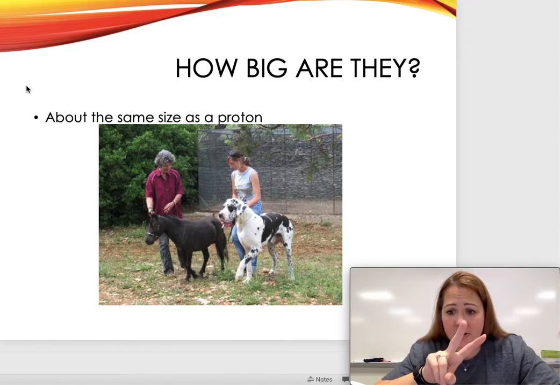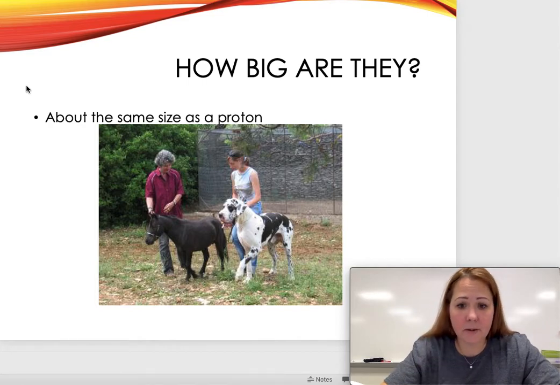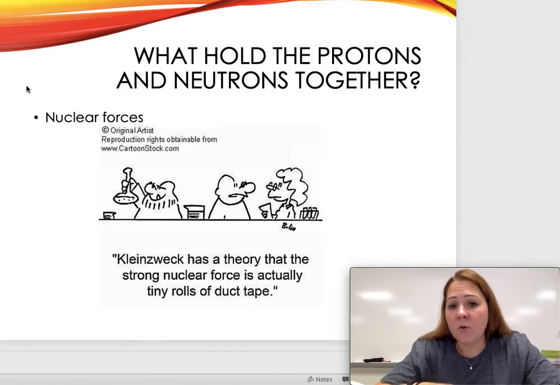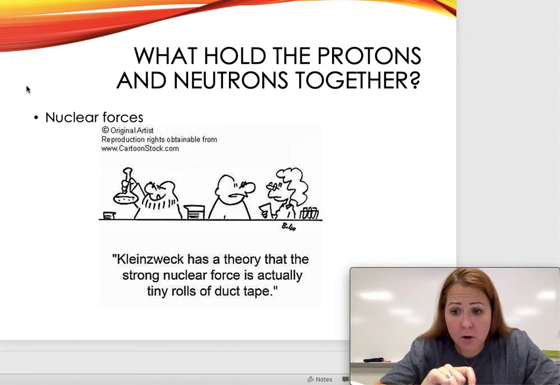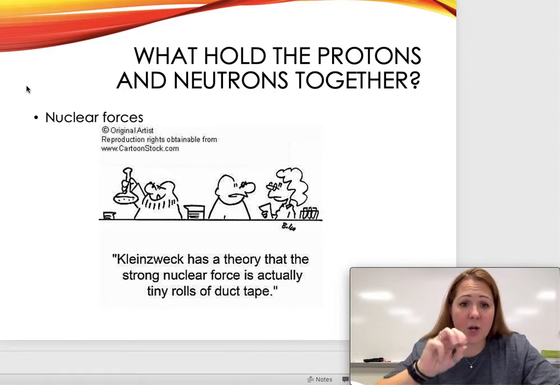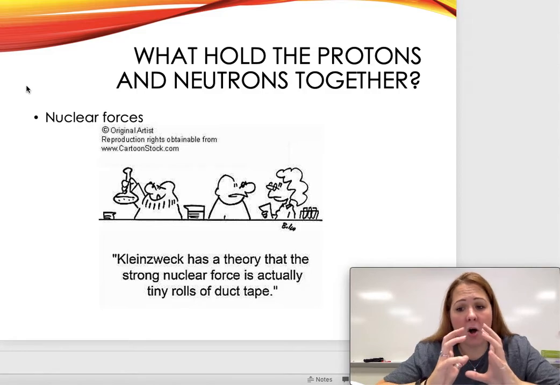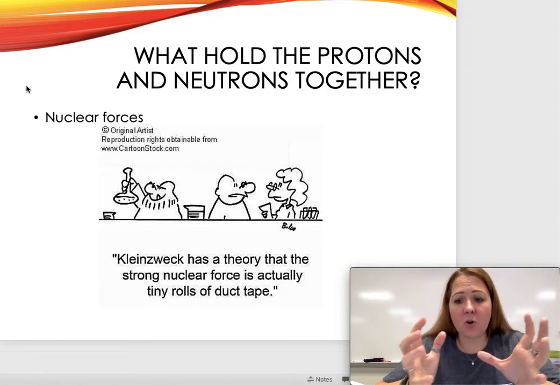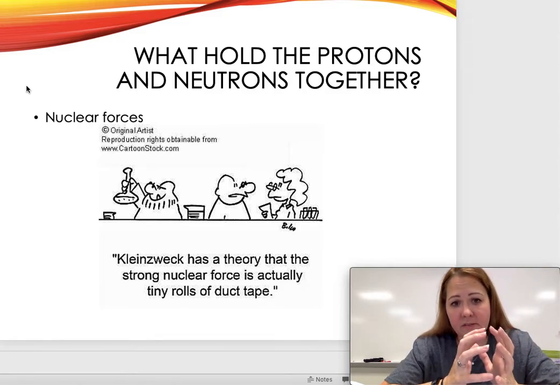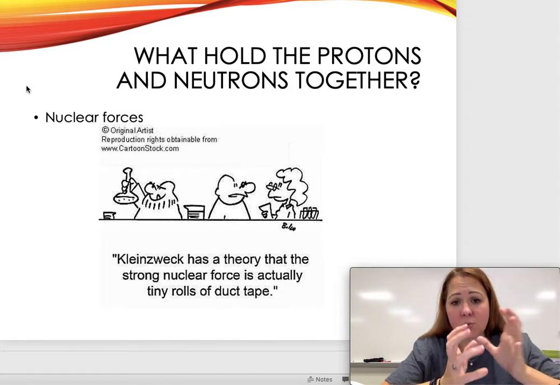So protons and neutrons are the same size. Electrons, super teeny tiny. And what they're going to do is they're going to create nuclear forces. Neutrons are neutral. They create nuclear forces. And with your nuclear forces, all that they're doing is it's just helping to hold together the nucleus of the atom. So that way, all those little positive protons will stick together.